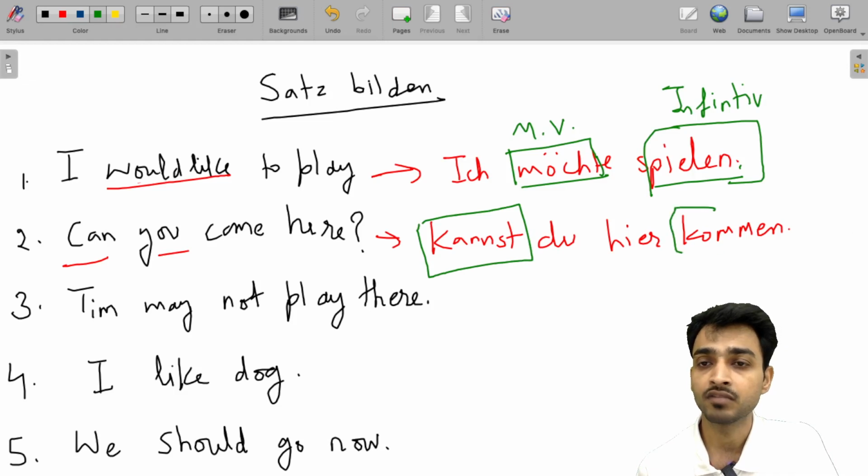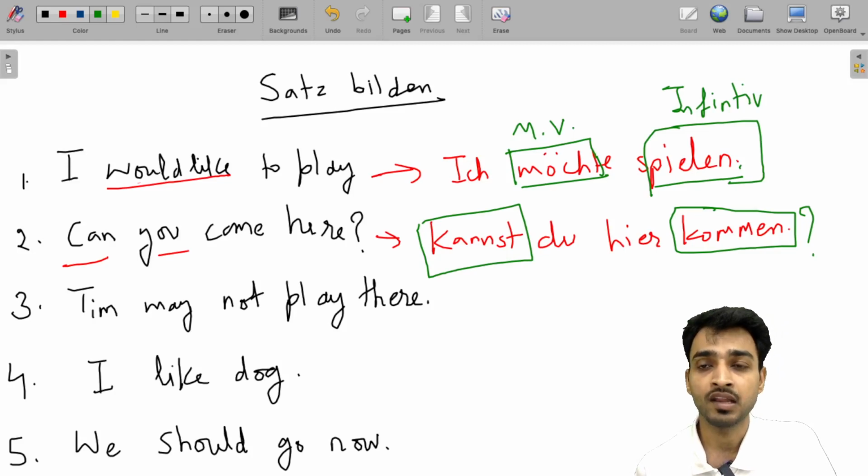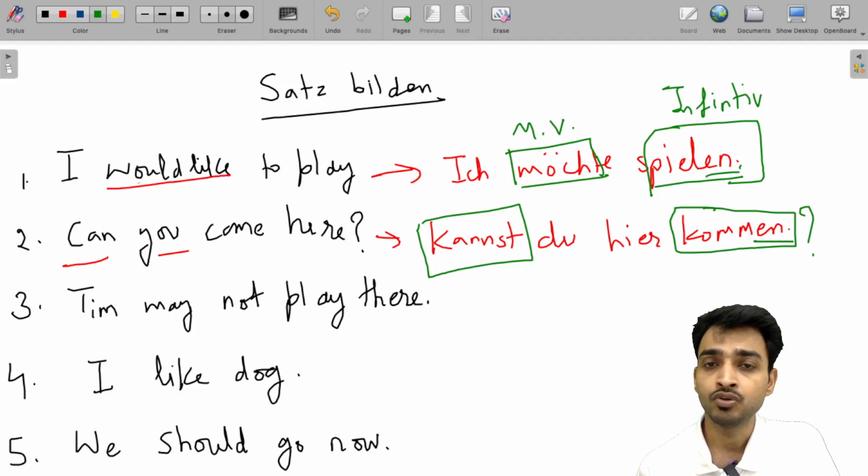This is the structure. If it's a question, interrogative, then kannst du, and another verb always last, which is called the infinitive verb. We will not conjugate it. We conjugate only the modal verb.